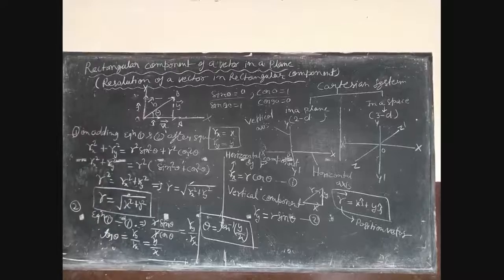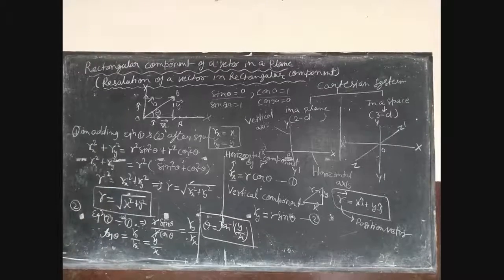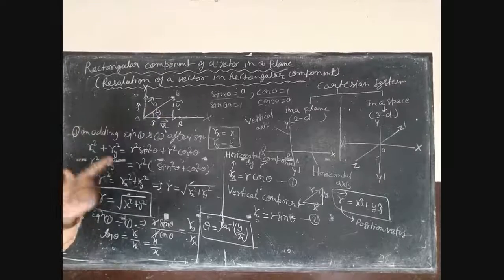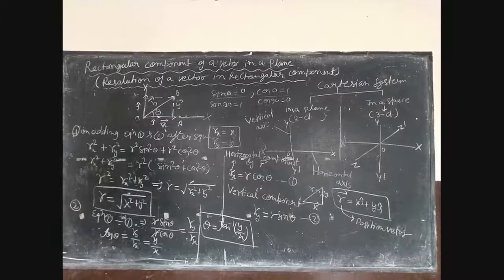Okay, now I think you can easily understand the rectangular component of the vector after splitting.